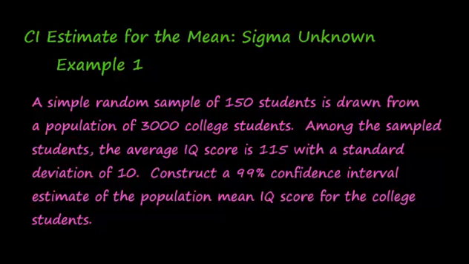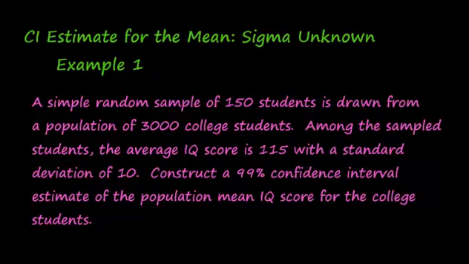Well, if this were just a problem where we were constructing a confidence interval estimate of the mean, and we didn't know whether sigma was known or not, we had to get that from the problem statement. This is where, as I mentioned before, you need to pay close attention to how they give you that standard deviation. Notice they don't have the symbol there for sigma or s, so you have to get it from the language.